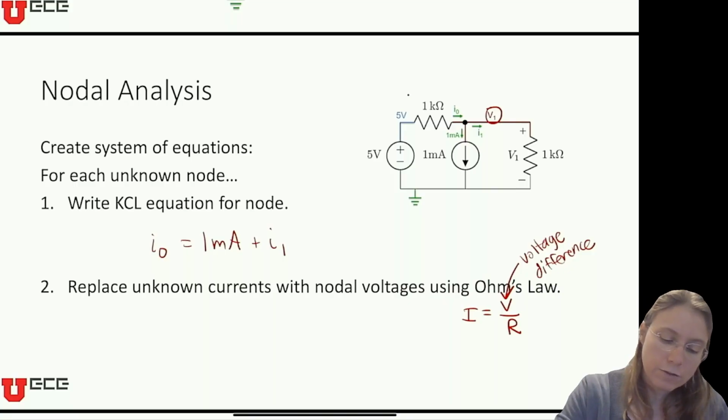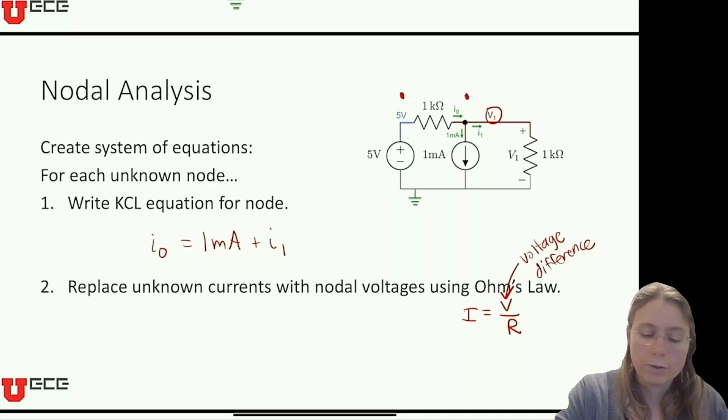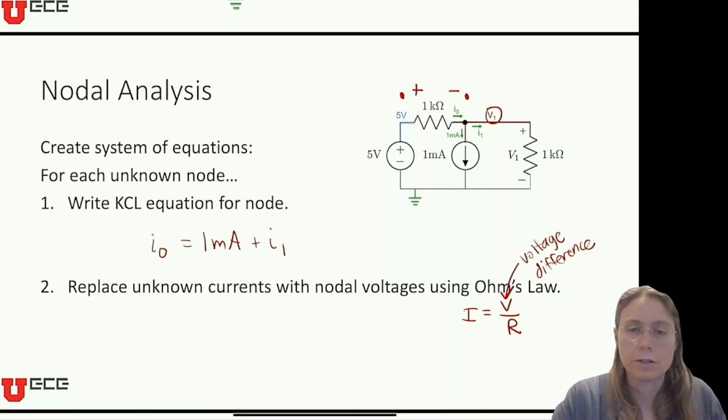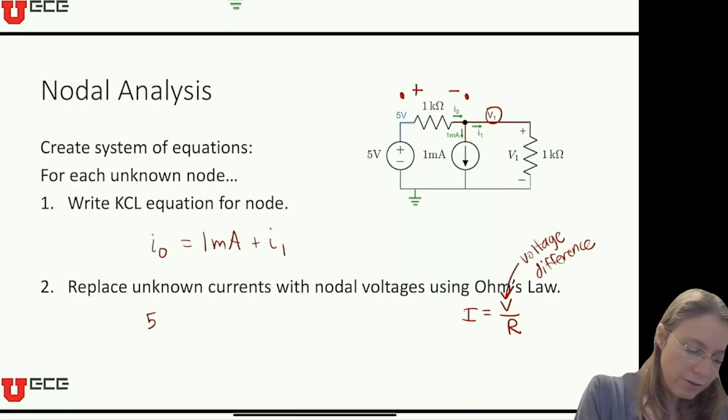So in this case, for the 1 kilo ohm resistor, to replace the I0, I have 5 volts on this side, and I have V1 on this side, and based on the direction of the current arrow, in a resistor, current always flows into the positive side. That's the passive sign convention we learned in Unit 1. So that means I will do 5 minus V1 all over 1 kilo ohm is equal to 1 milliamp.